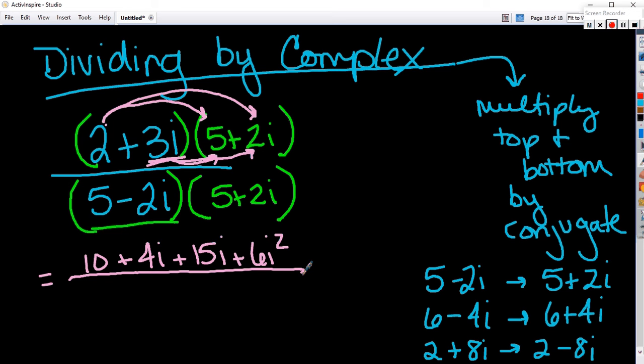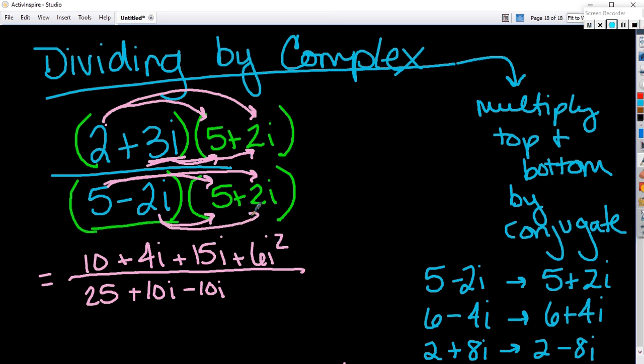On the bottom, 5 times 5, 25. 5 times 2i. Now move to the next one. Negative 2i times 5. And negative 2i times 2i.